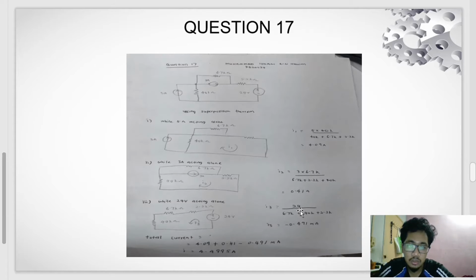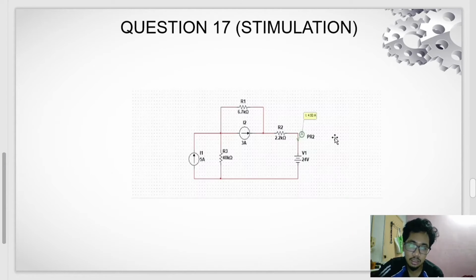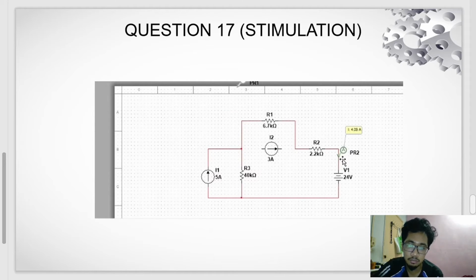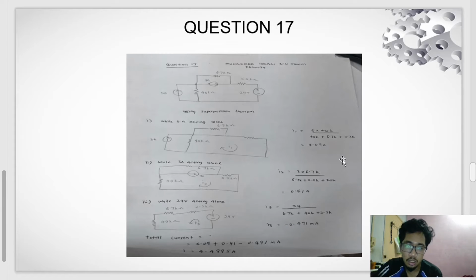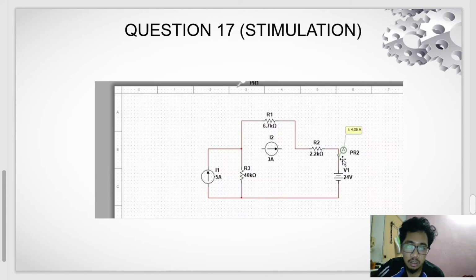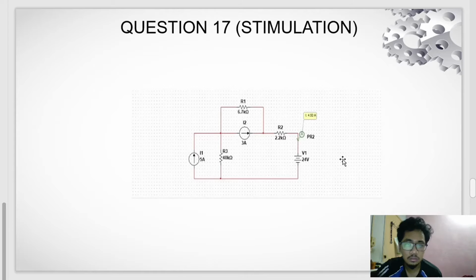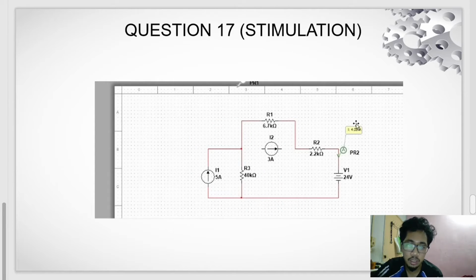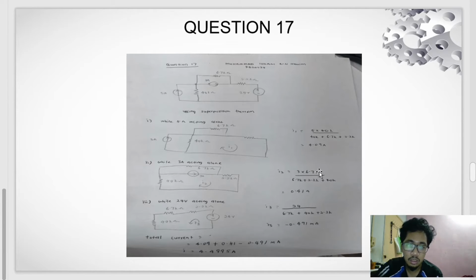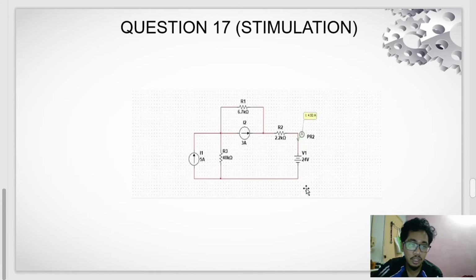The first one, while the 5 ampere is acting alone, is the same as the simulation that I made in Multisim, which is 4.09 ampere, and the second one is 0.41 ampere, sorry.